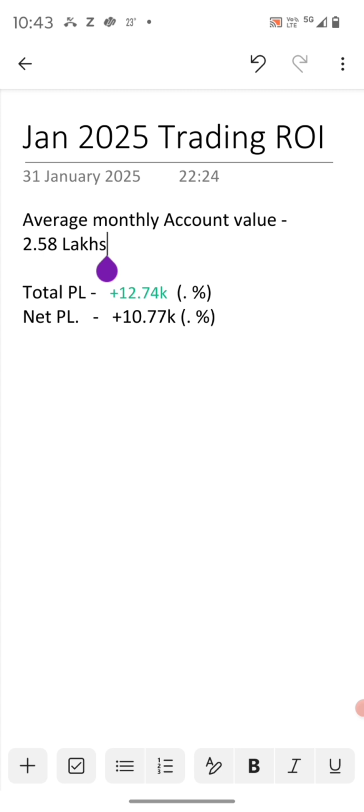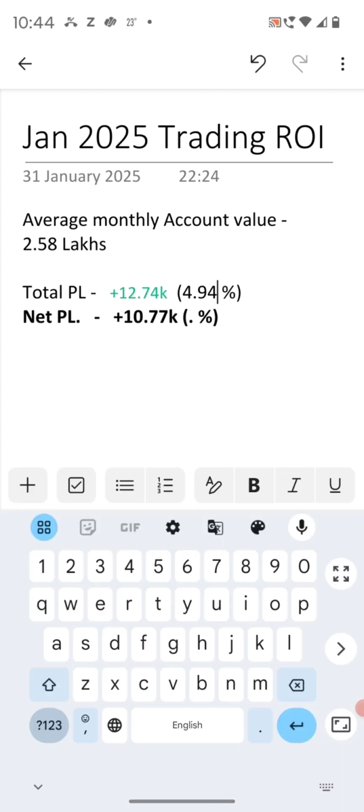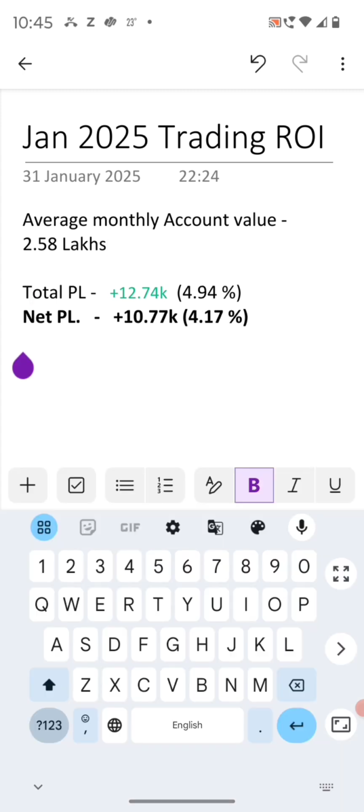Okay, so let's calculate the total P&L on a percentage basis and the net P&L, which is the actual thing that we are interested in, again on a percentage basis. So that is the answer. Our total net profit was 4.94%.